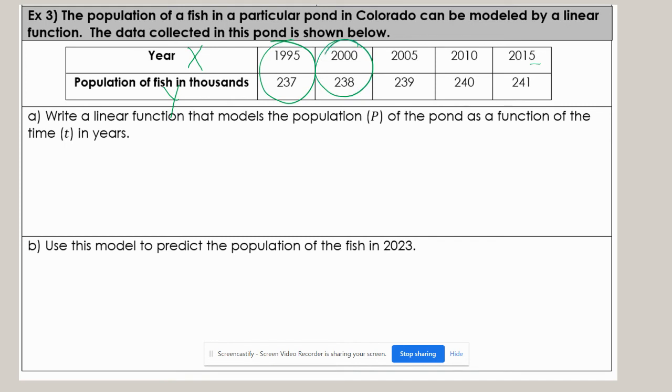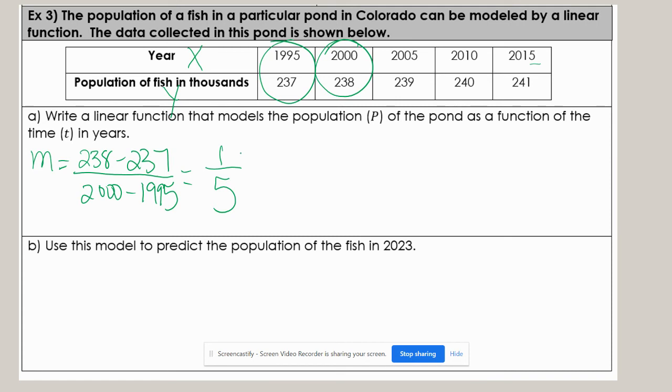And so I'm just going to go ahead and use these first two to find my slope. So I'm going to start with 238 minus 237 over 2,000 minus 1995. So that gives me 1/5.